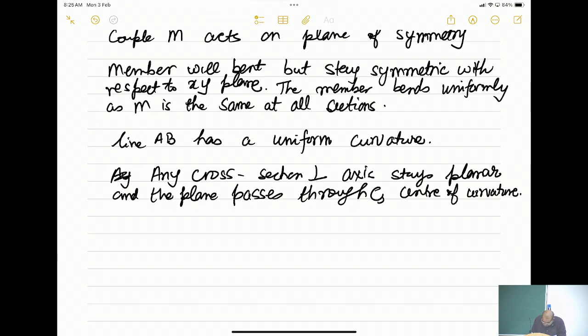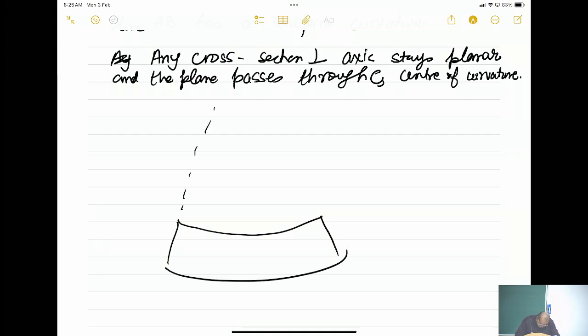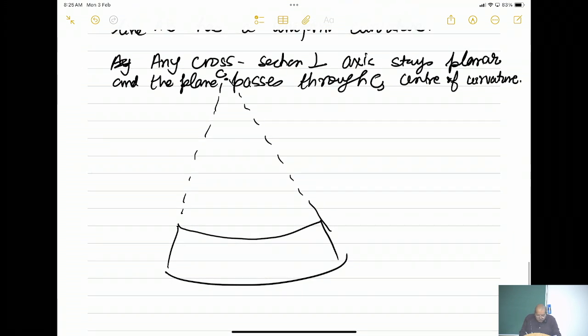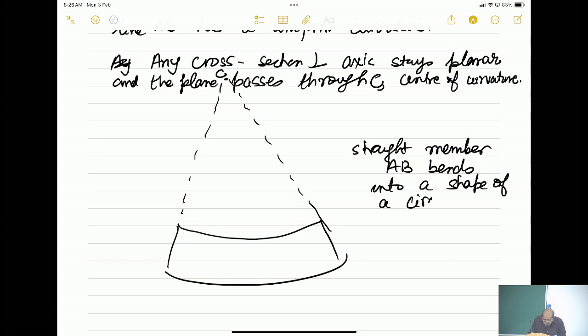That means there is a center of curvature C, and the straight member AB bends into a shape of a circular arc under pure bending.